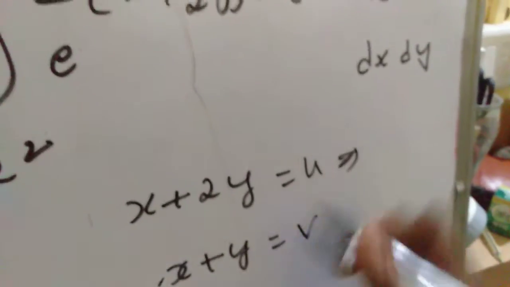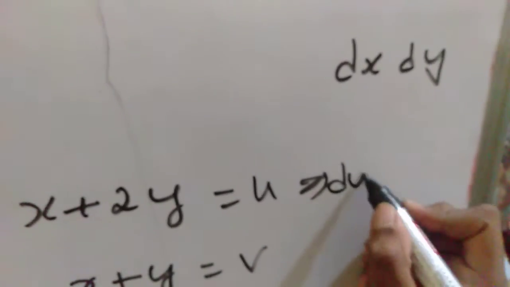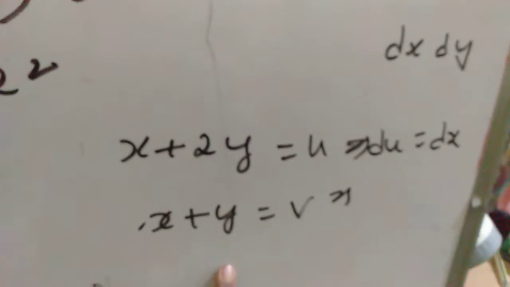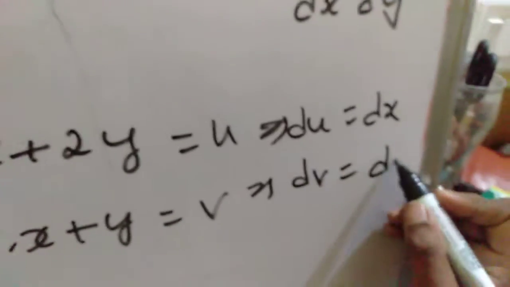Then differentiate this function with respect to x, so you get du = dx, and differentiate with respect to y, we get dv = dy. Then we substitute these values in this double integral.